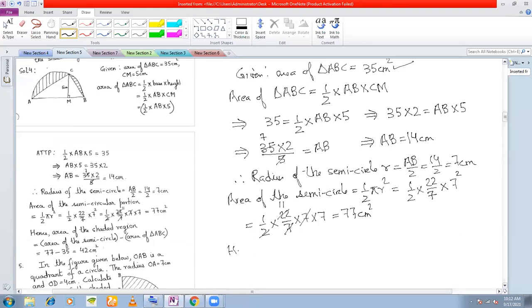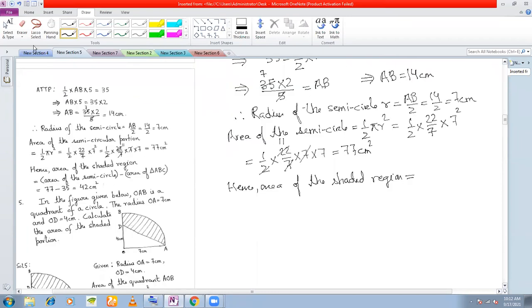Hence, what is the area of the shaded region? Is equal to area of the semicircle minus area of triangle ABC.